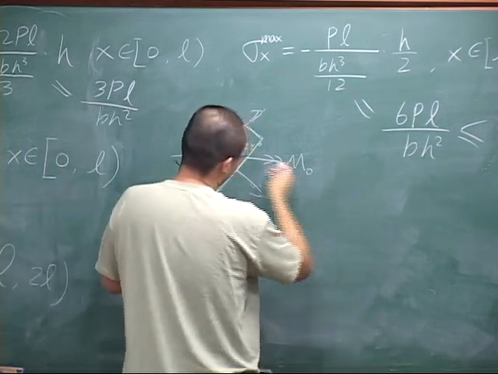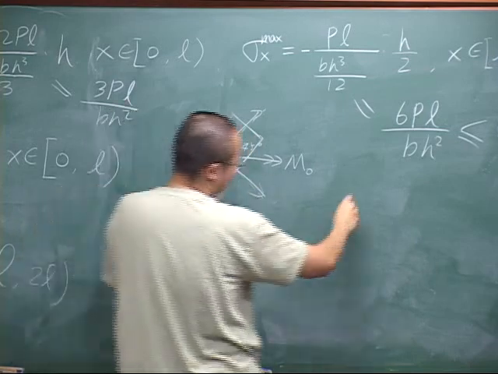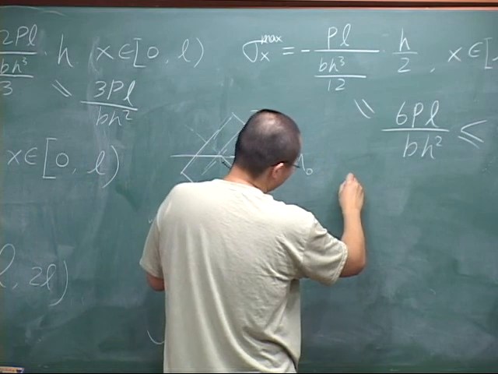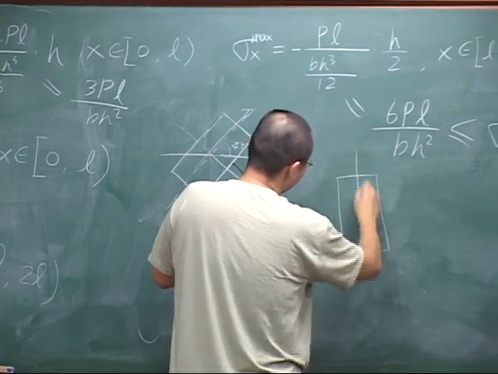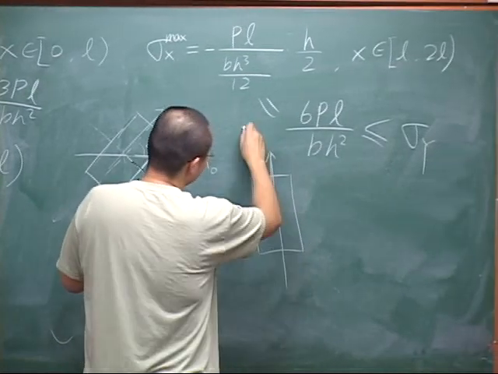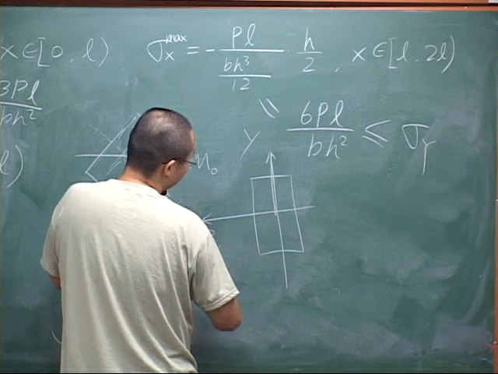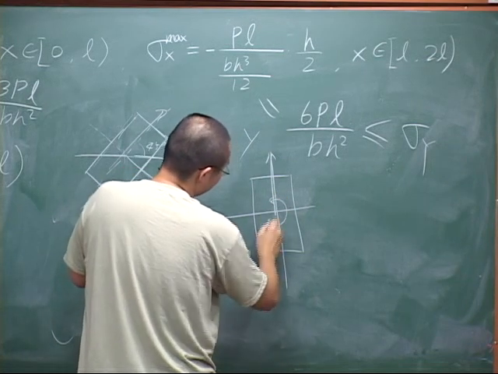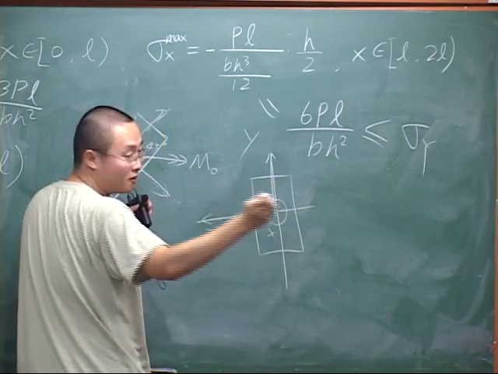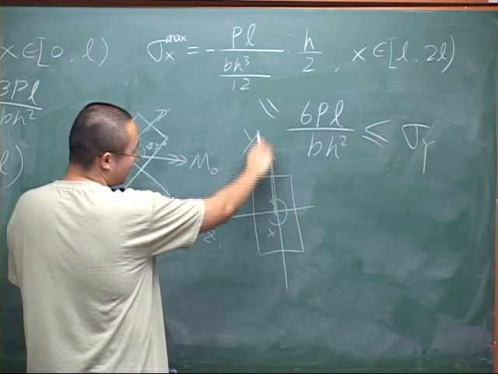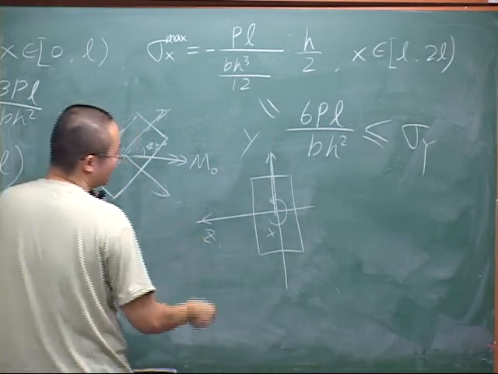If we rotate the whole diagram by 45 degrees counterclockwise, then this will be y, and this will be z direction, while this is x, right? Usually we have x along the axial direction, y is vertical, and z is perpendicular to the surface.